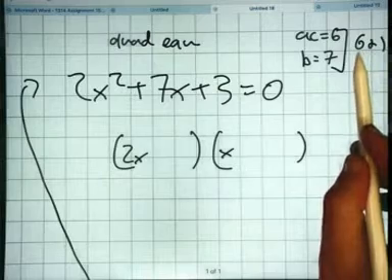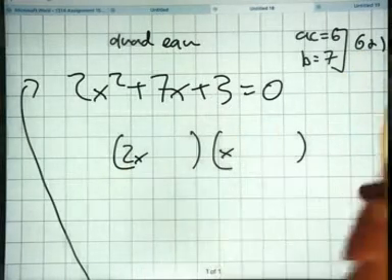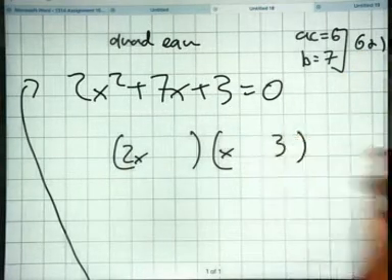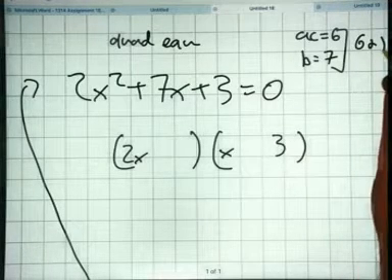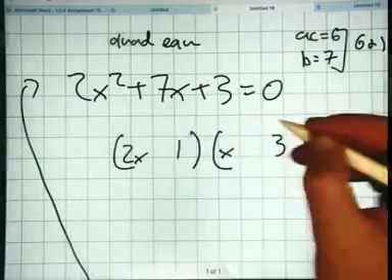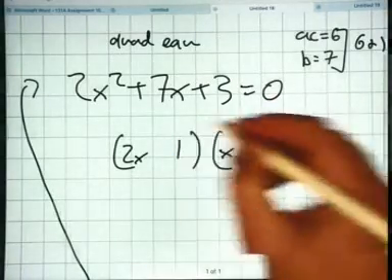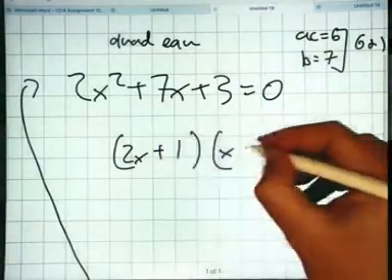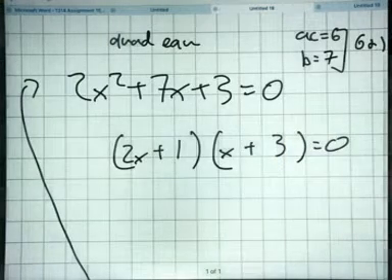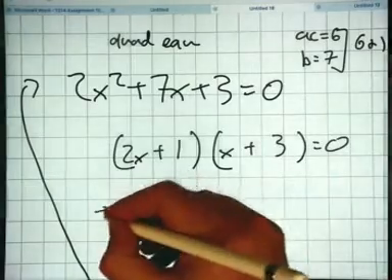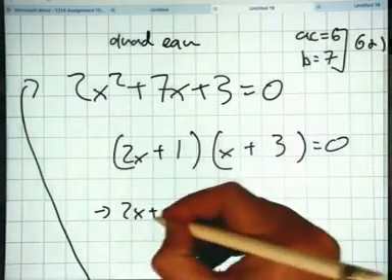So how am I going to make that 6? I'm going to take 2 and multiply it by 3. And then to make the 1x, I'm going to take 1 and multiply it by x. And these are both going to be positive. So there's the factored form. So then I'm going to set each factor equal to 0.